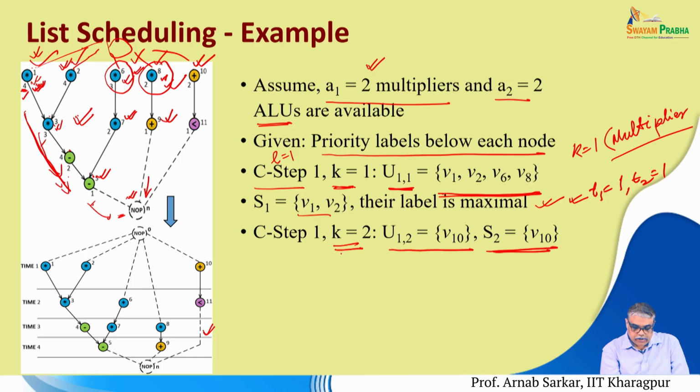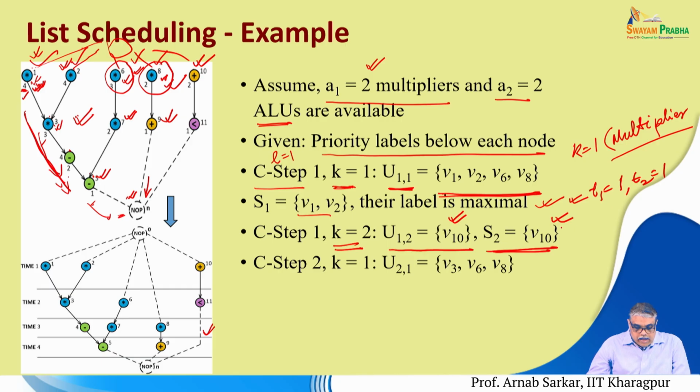We have one operation which is ready and we have 2 resources. So, hence we can easily schedule this V10 in an adder resource without computing anything else. So, we have now seen time step 1 for k equals 1 and k equals 2.